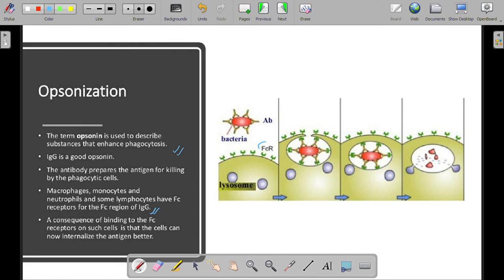So here the Fc receptor is present, and here the Fc region of IgG will bind. A consequence of binding to the Fc receptor on such a cell is that the cell can now internalize the antigen better. So it is now internalized, and slowly digested in the lysosome.